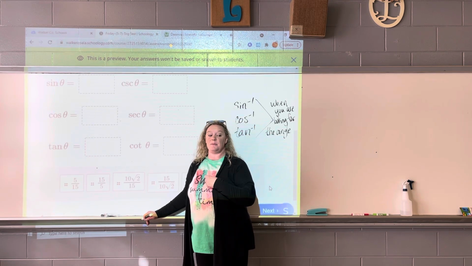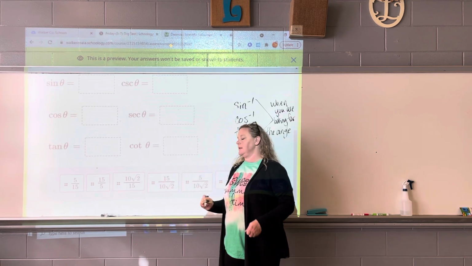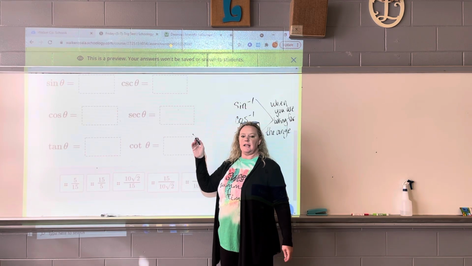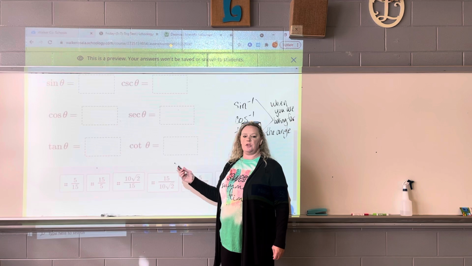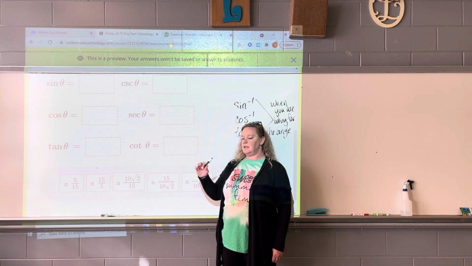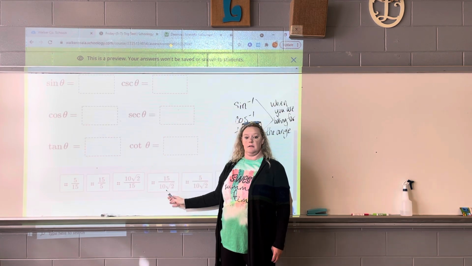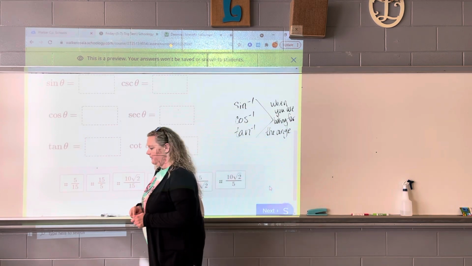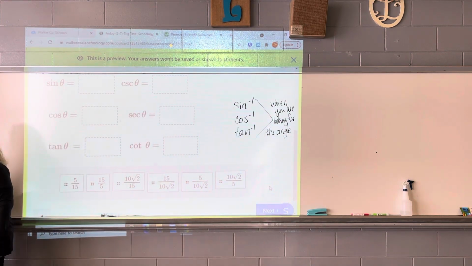They do that sometimes on the ACT, so it's a good question for the ACT. So when you're doing this one, one of the side lengths is 10 square root 2. So you're just going to do opposite over hypotenuse, adjacent over hypotenuse, opposite over adjacent, and then you just leave it where it is. And this is a drag and drop, so it shouldn't be too difficult.